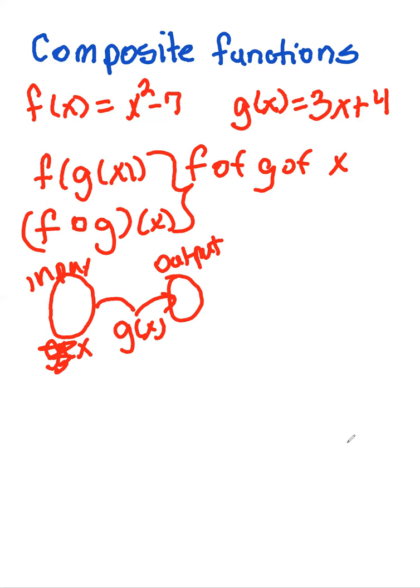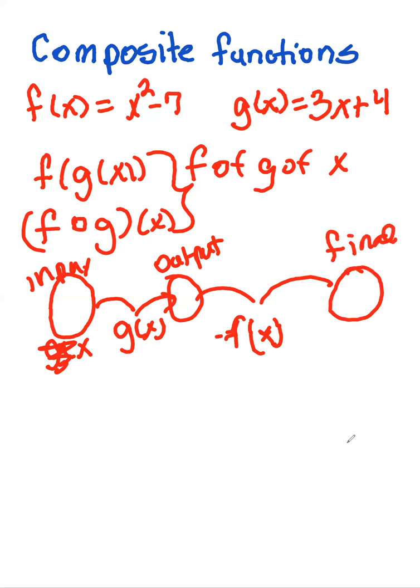Then I'm going to take that answer and insert it into the f function, and then I'm going to get my final output answer. So the original output from your inside function becomes the input of your outside function.